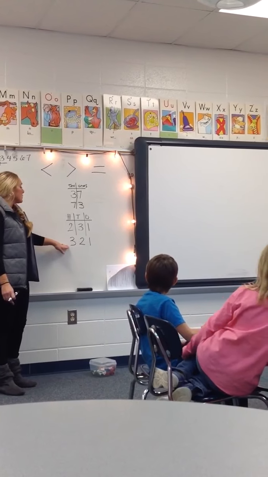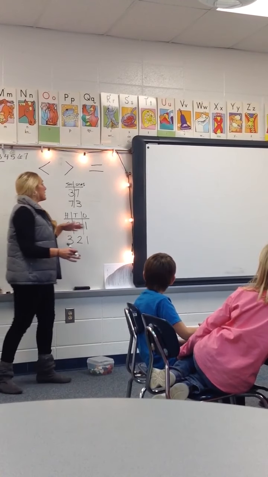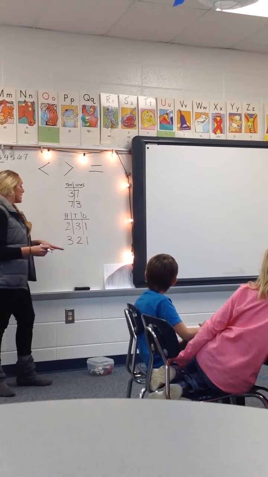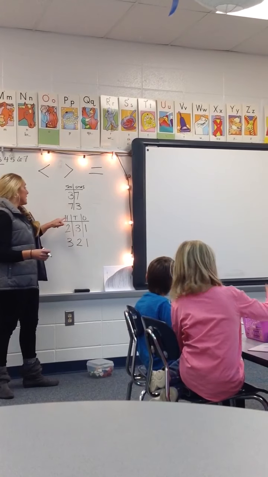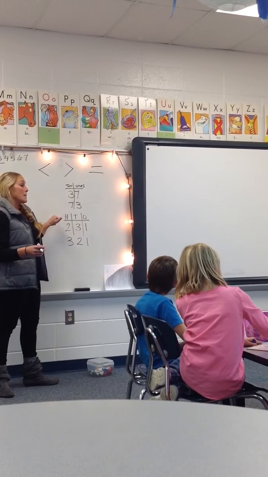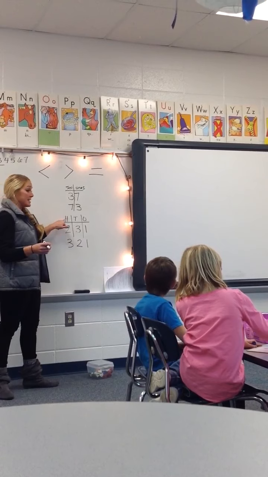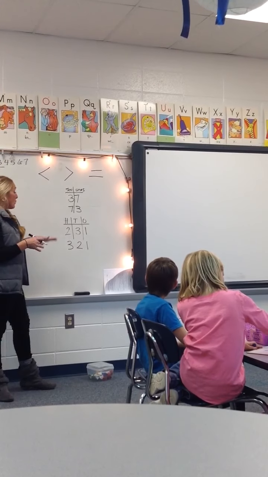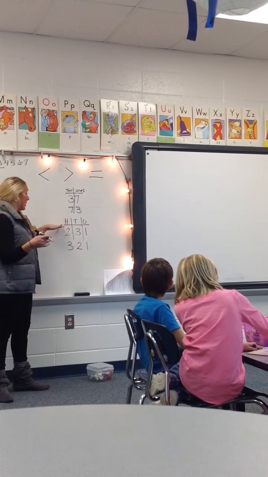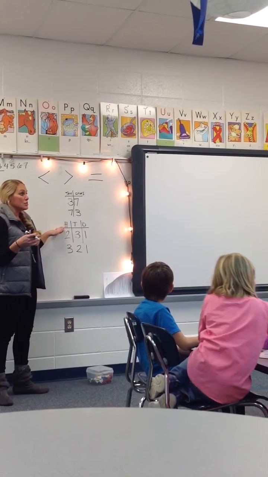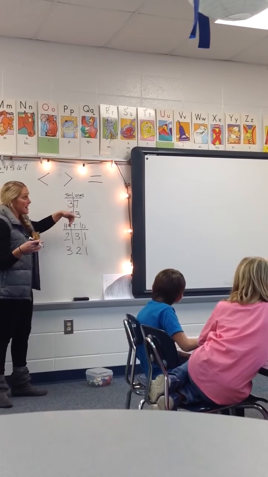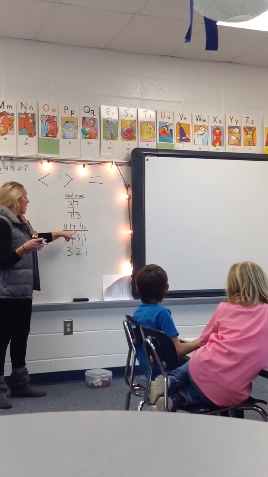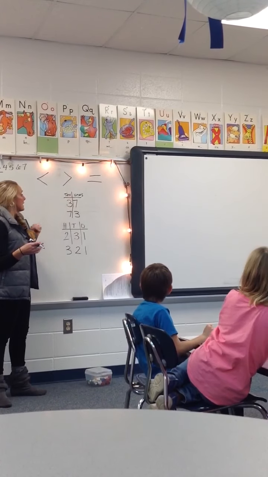Okay, so if I switch the 3 with the 2, now we talked about putting the largest number with the bigger number, the highest place value. Right now, our highest place value is the hundreds. And our next highest would be the tens.